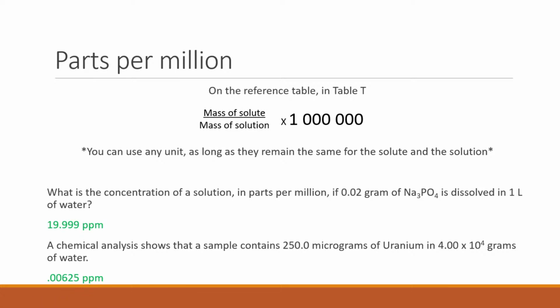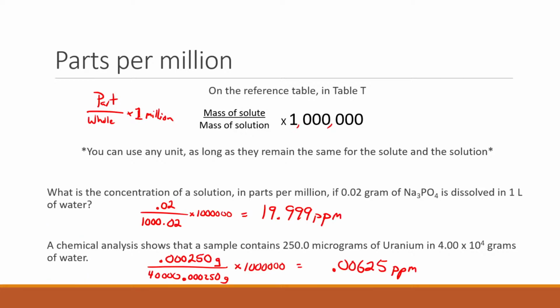And our last type of concentration. Okay, wait, why is the unit parts per million and not PWM? Why would it be PW? It's parts per million.